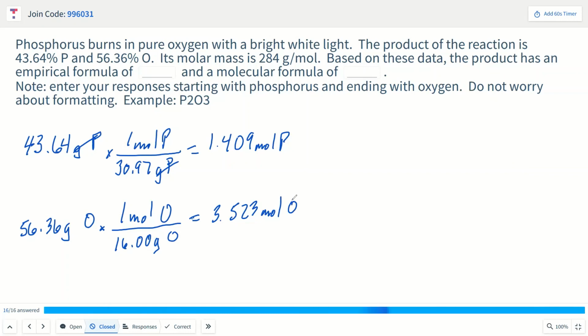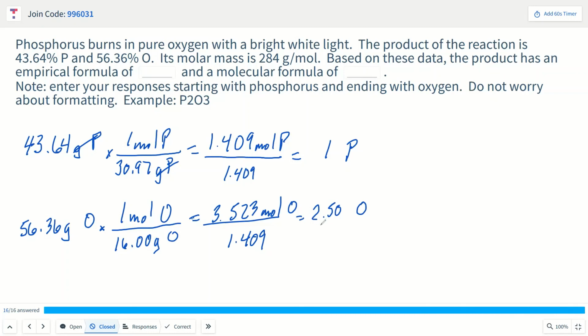I can't just tell by looking at it what the ratios are. So I'm definitely going to want to divide both numbers by the 1.409. If I do that, I get 1 phosphorus, and my calculator comes up with 2.50 oxygen. So again, we don't have a full-on whole number relationship here. We definitely have a fractional relationship with the oxygen in play here.